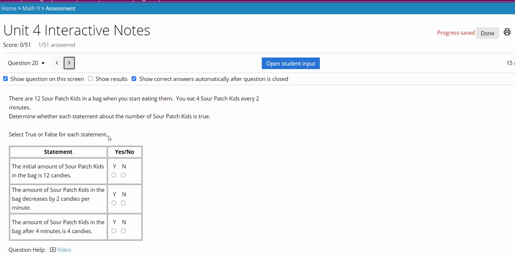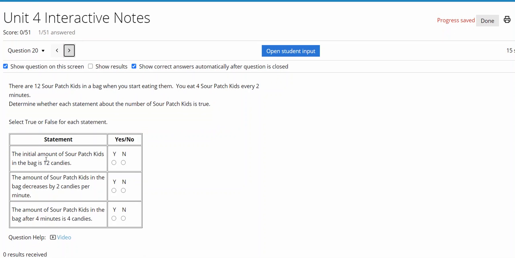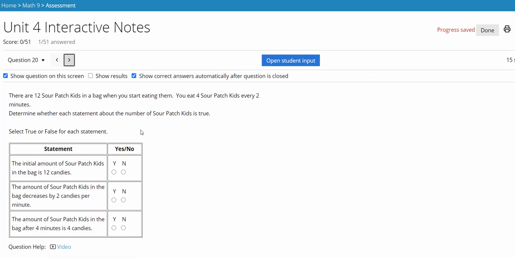So it says there are 12 Sour Patch Kids in a bag. When you start eating them, you eat 4 Sour Patch Kids every 2 minutes. Determine whether each statement about the number of Sour Patch Kids is true. The first one is: the initial amount of Sour Patch Kids in the bag is 12 candies.